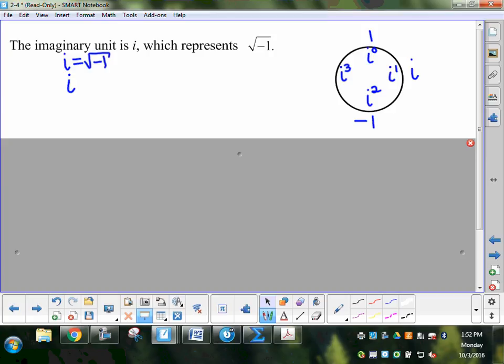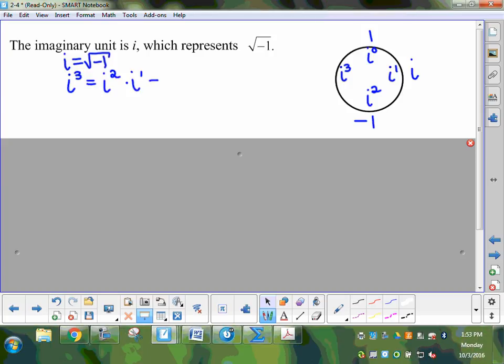Remember, you've got i to the 3rd, and you can get what the value is by breaking it down into known values. i to the 3rd comes from taking i squared times i to the 1st. i squared is the square root of -1 squared, which would be -1, times i to the 1st, or i, so we get -i. That's why it is what it is.